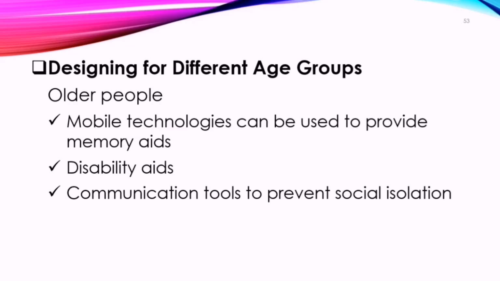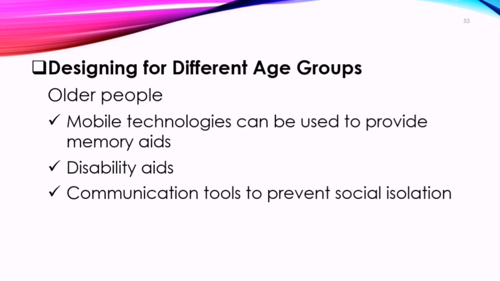Older people can use mobile technology as memory aids to help them recall. We can also use disability aids and communication tools to prevent them from social isolation.